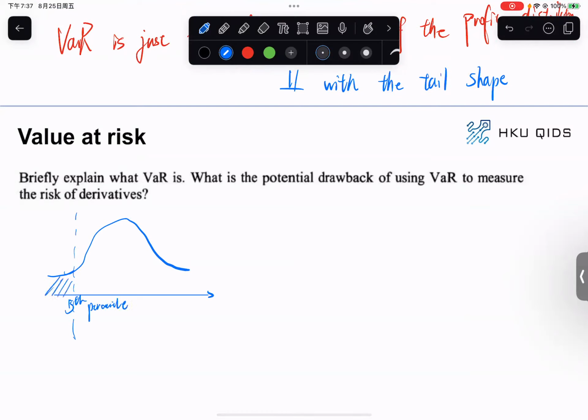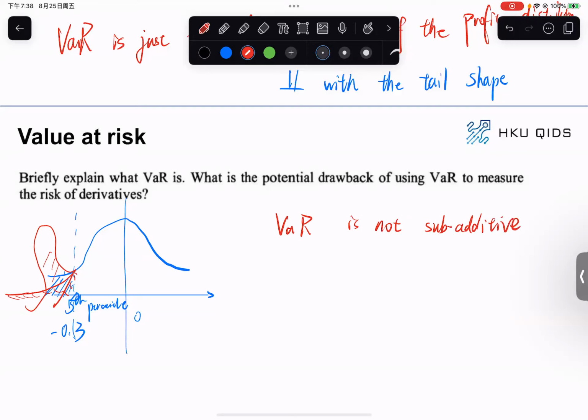If I define this as 0 and let's say this is something like negative 0.3, then no matter how this part looks, it can look really heavy, or it could just close here, or it could do things like that. In extreme cases, of course it can, but no matter how the shape of the tail looks, the fifth percentile is the same number, which brings the significant drawback of VaR, that VaR is not subadditive.